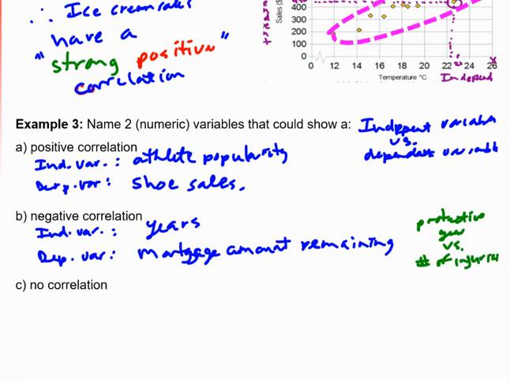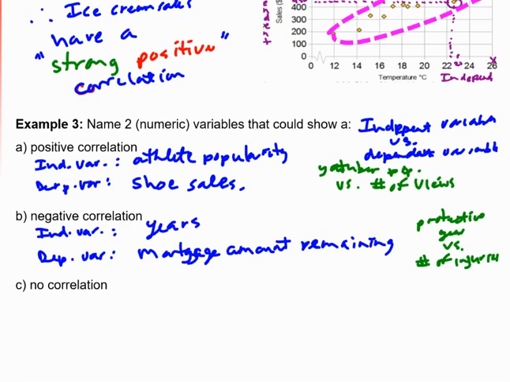Right. Another one. What about this one, you guys? YouTuber popularity versus number of views. Sorry, I don't know why it's so messy to write with this smart pen today.